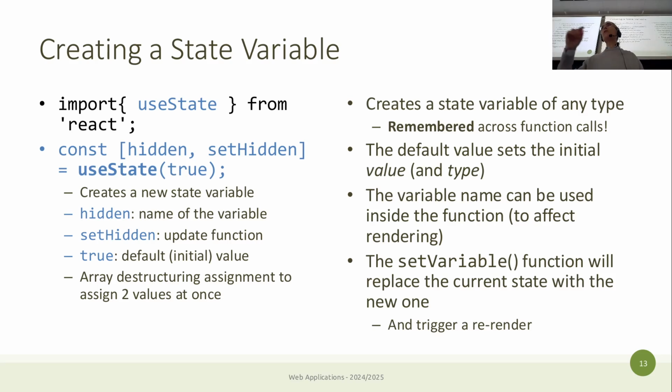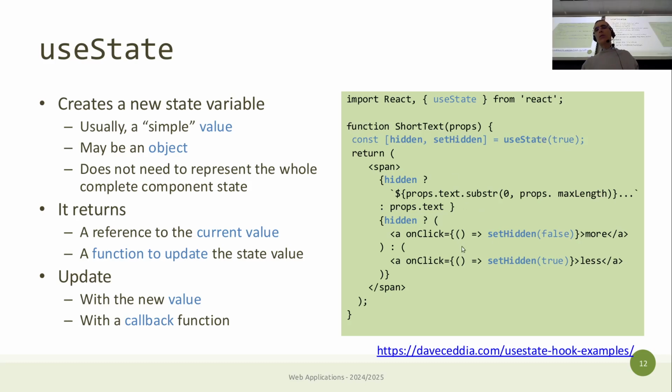It remembers the fact that useState has already been called and already created this variable, and somewhere React stored the value of this variable, and it returns the variable to the code so that it can use this value for the rest of the code that we were seeing before.